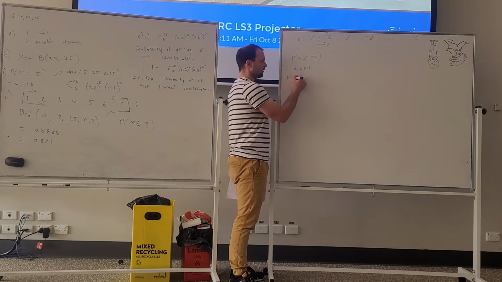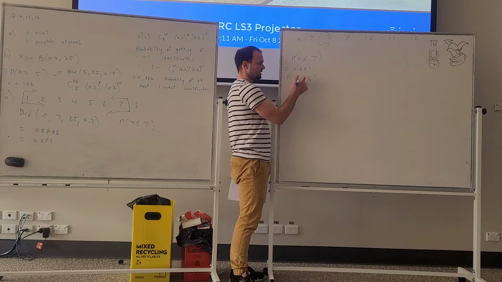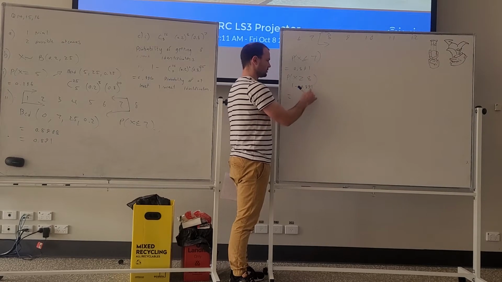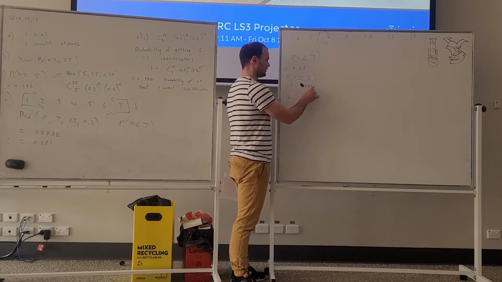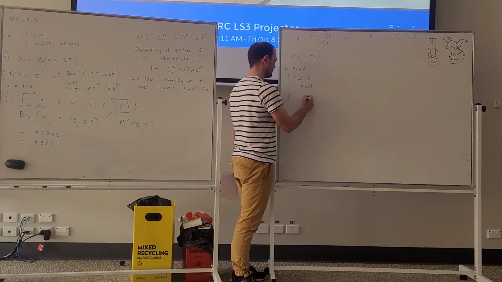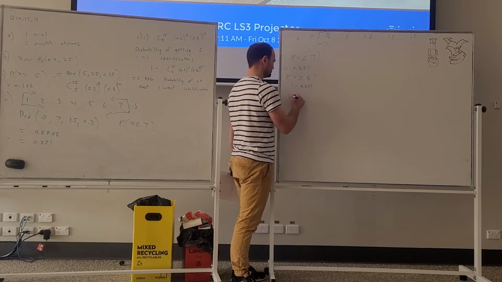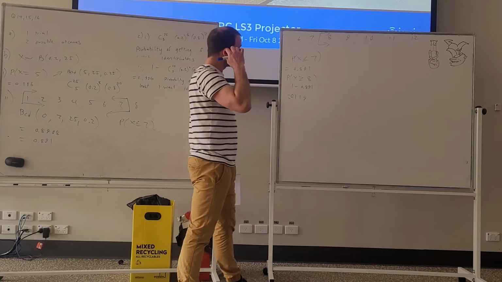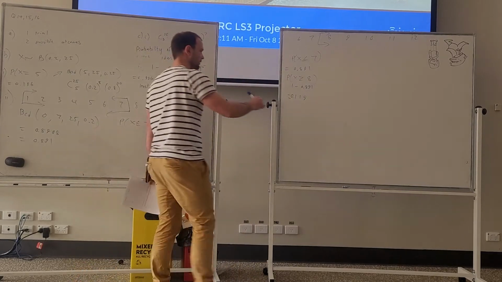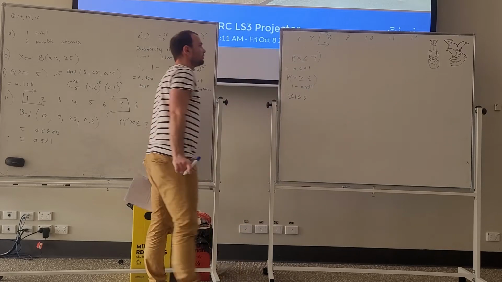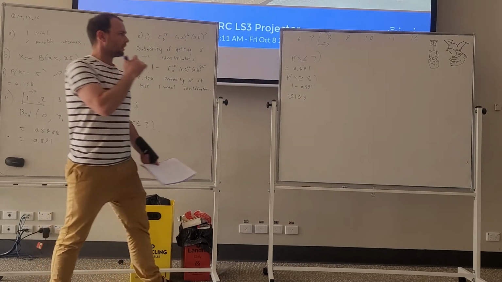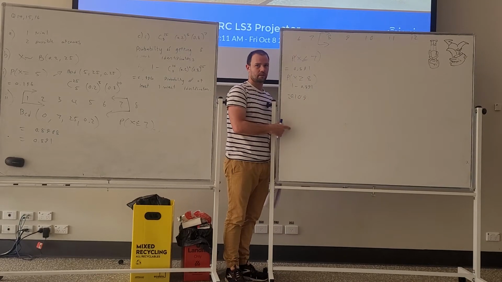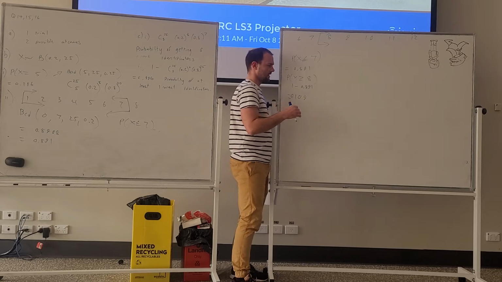So the probability of x being greater than or equal to 8 is going to be 1 take away 0.891, which will be 0.109. So the probability of getting 8 or more correct is 0.109. So 8, it's not high enough.